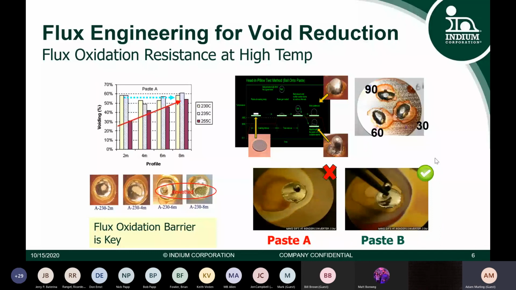So you can see on the bottom right-hand side, on the left, a solder paste and a solder sphere that doesn't fully coalesce. And the one on the right swallows the solder ball whole and creates a homogeneous mixture. You can't even see the ball after it wets into the paste itself. That's what we're striving for whenever we create a new paste, when we are focusing on voiding.